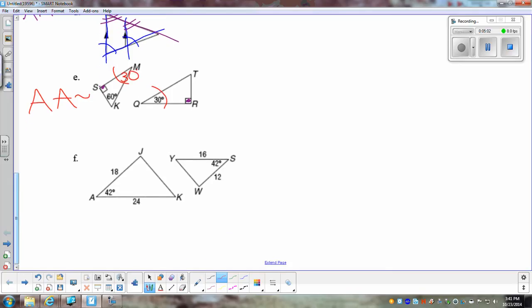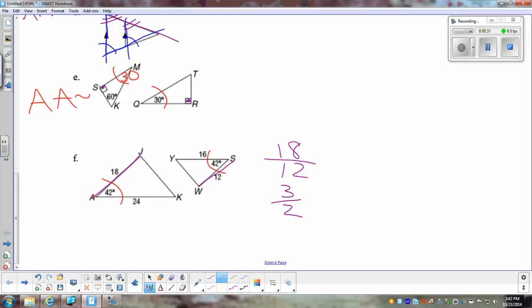In F, I have a pair of congruent angles, but I only have one, so it could be side angle side, but I have to check my proportions first. The little side of my big triangle is 18. The little side of my little triangle is 12, which simplifies to 3/2.